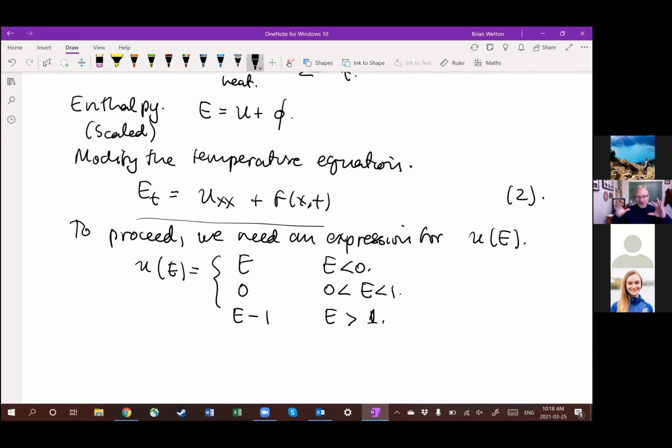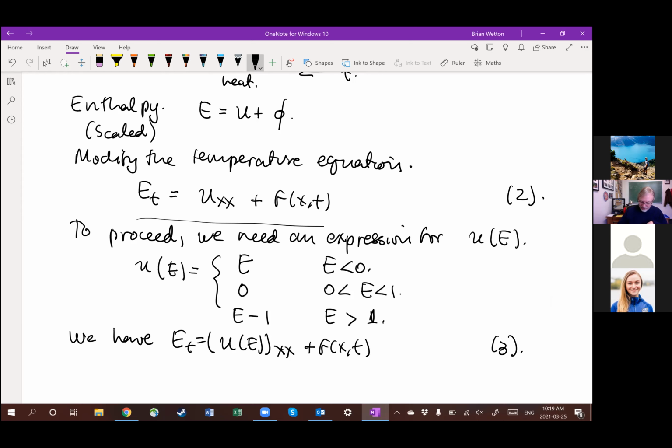And of course, the enthalpy is only determined up to a constant. You could shift this whole thing around if you wanted to. So now we have E_t equals U(E)_xx plus f of x and t.